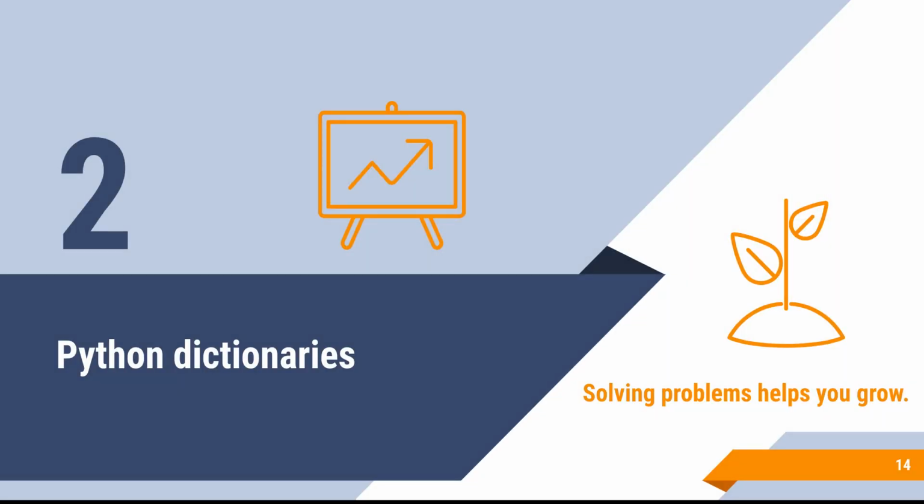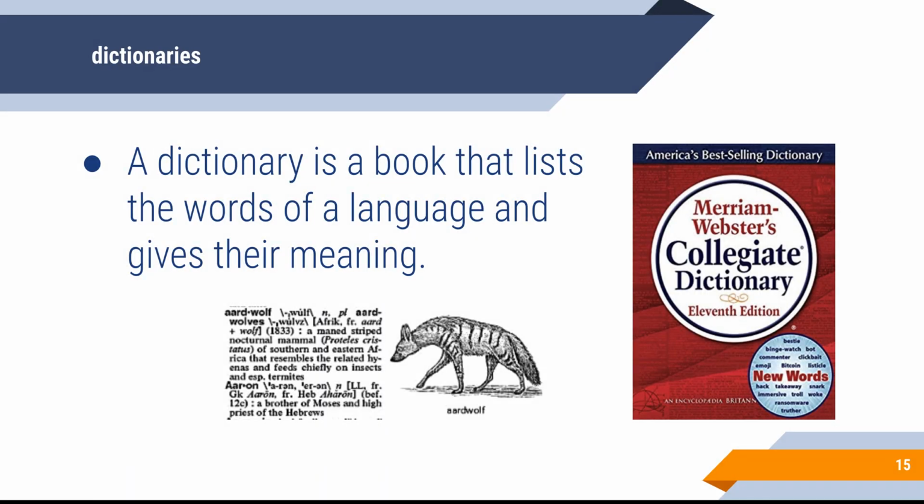All right, so now on to Python dictionaries. A dictionary, if you think about in English, is a book that lists words of a language and gives their meaning. So in other words, you would have a word and then you'd have a definition. It kind of works the same way in Python.